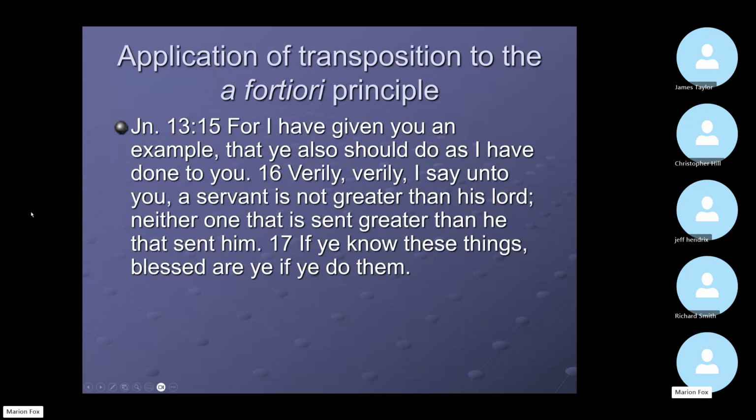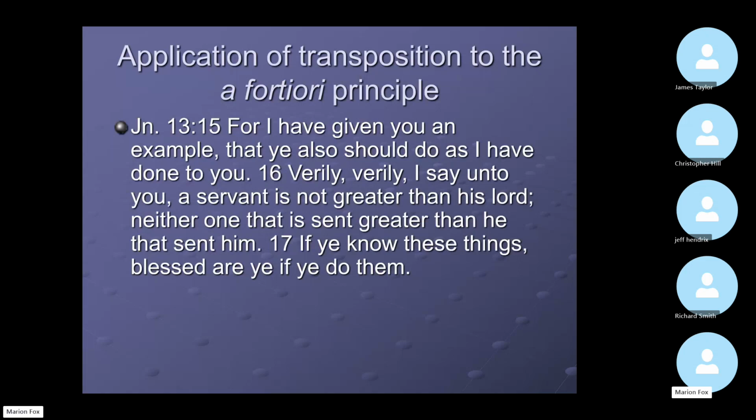One that is sent is an apostle, see. The word apostle means one sent. "If you know these things, blessed are you if you do them." So since I've given you a pattern, you should follow my example. I have not felt myself too great to serve. I have washed feet.